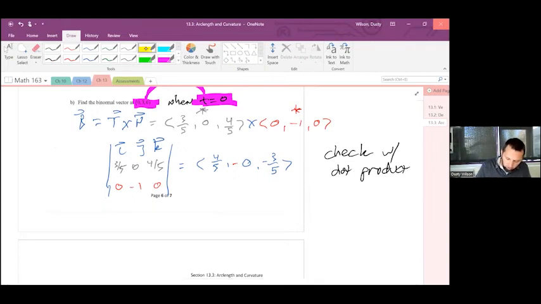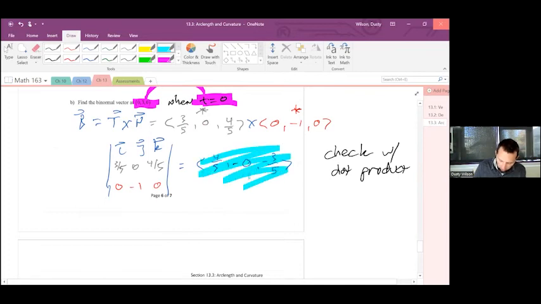I can start by finding the dot of my gray vector and my cross product vector. It looks like 12/25 plus 0 minus 12/25, which is 0, so that one checked out. Then if I check the cross product vector and the other starting one, I'd have 0 plus 0 plus 0.